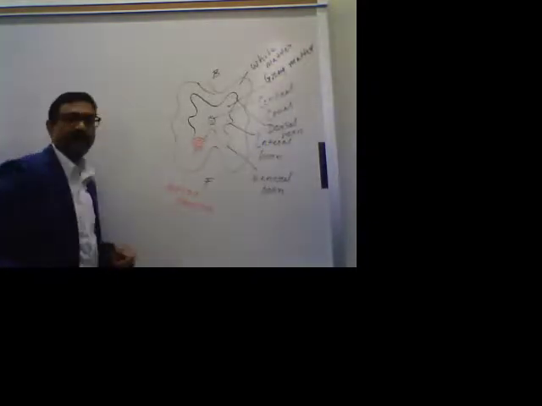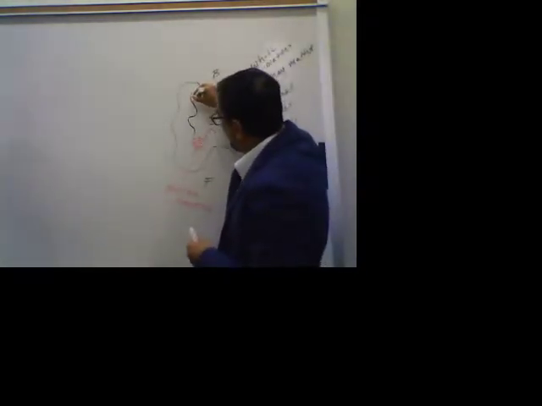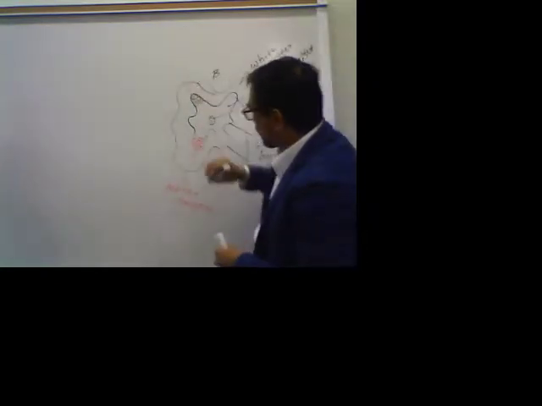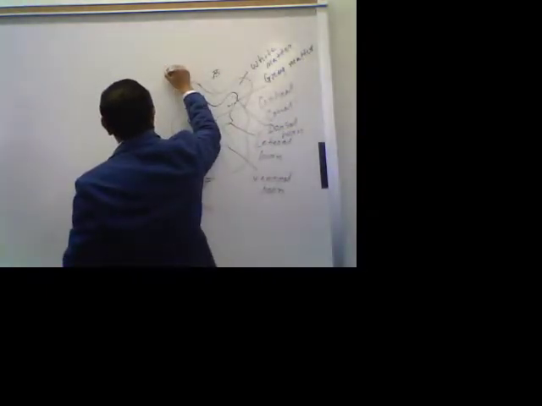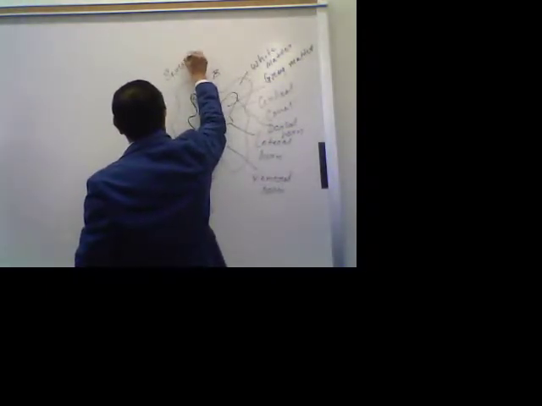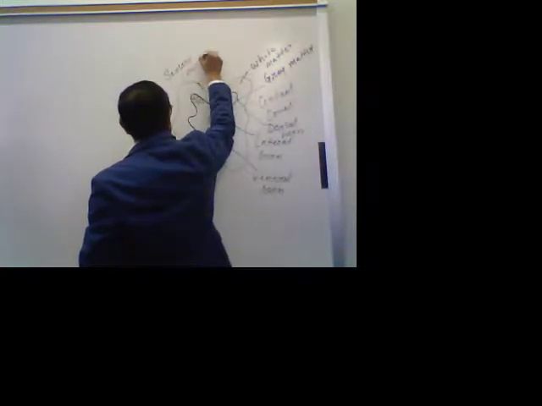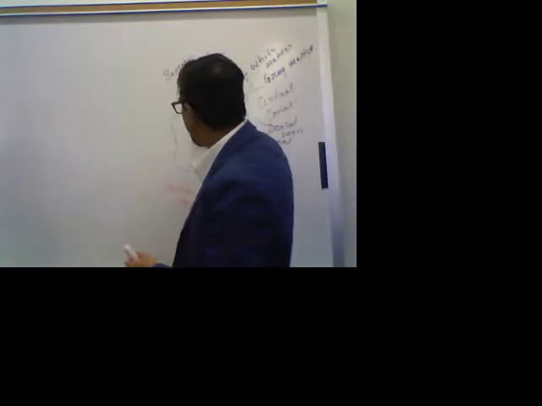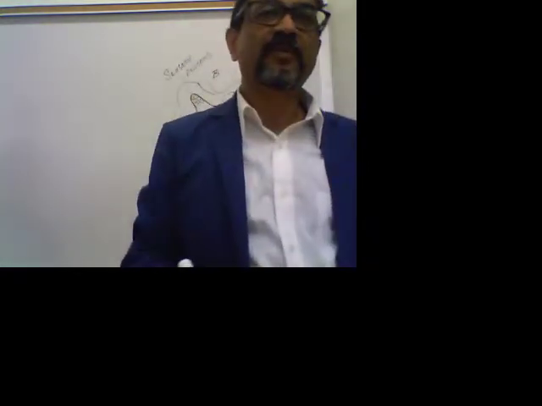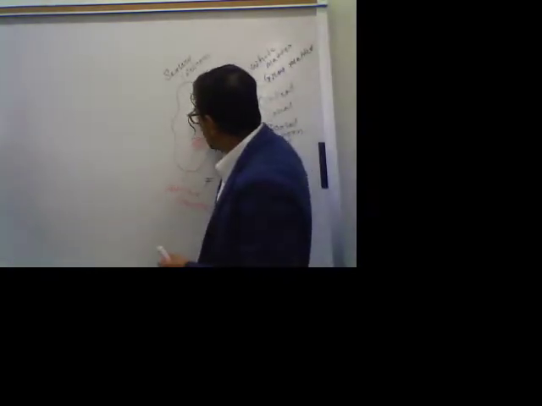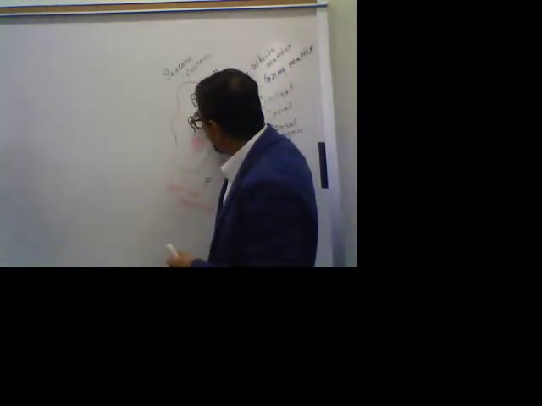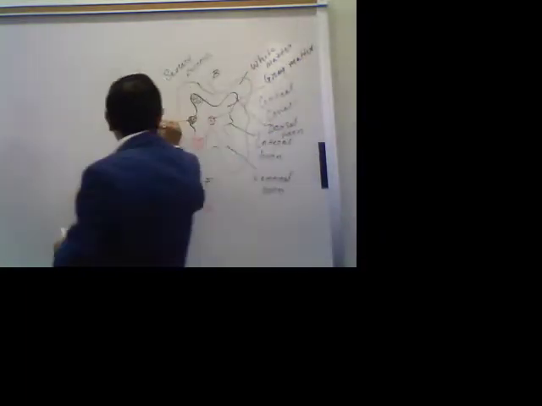In the dorsal horn, you have different types of neurons, sensory neurons. Sensory neurons in the dorsal horn. In the lateral horn, you have another type of neuron. So in three horns, you have three different types of neurons. So what type of neurons in the lateral horn? These are called autonomic.